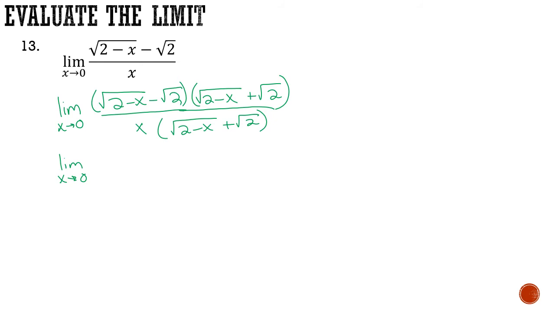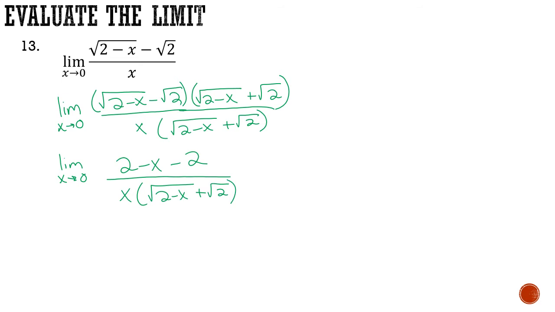The square root of 2 minus x times the square root of 2 minus x is just 2 minus x. And the square root of 2 minus x times positive square root of 2 is the opposite of the square root of 2 times the square root of 2 minus x. So those end up canceling each other out. And then negative square root of 2 times positive square root of 2 is just negative 2, over x times the square root of 2 minus x, plus the square root of 2.